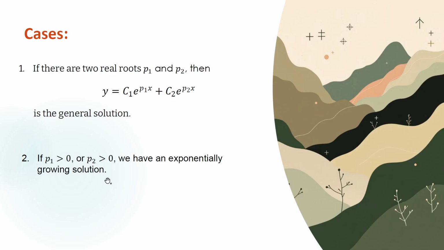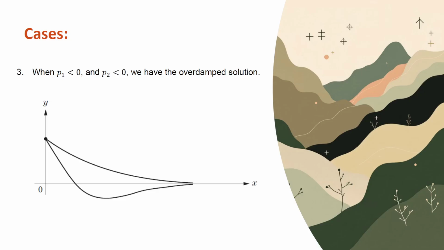If one of the roots is positive, such that p1 is greater than 0 or p2 is greater than 0, then the general solution is an exponentially growing solution. This is our case 3. When p1 is less than 0 and p2 is also less than 0, then we have the overdamped solution, which is described by this graph.